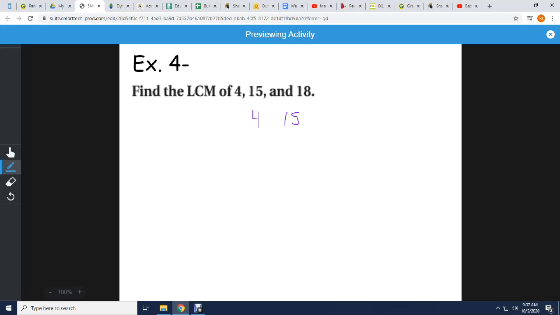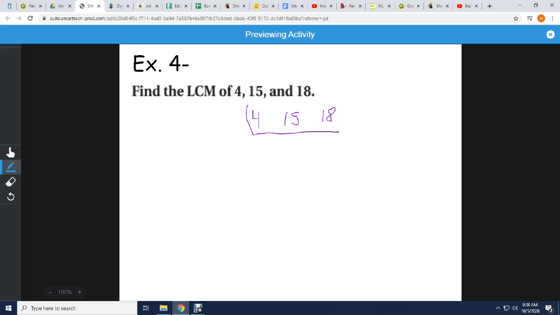When we were doing GCF, because of the way we had to deal with that, right, it had to come out of all 3. Well, with LCM, as long as a factor can come out of any 2, I'm going to say that again, as long as a factor can come out of any 2 numbers, you can take it out.